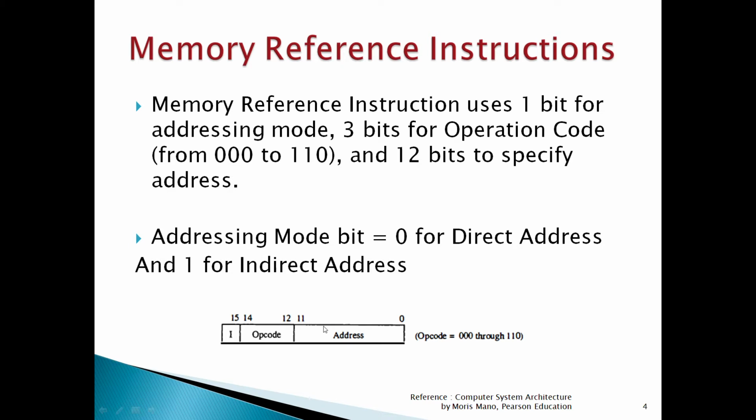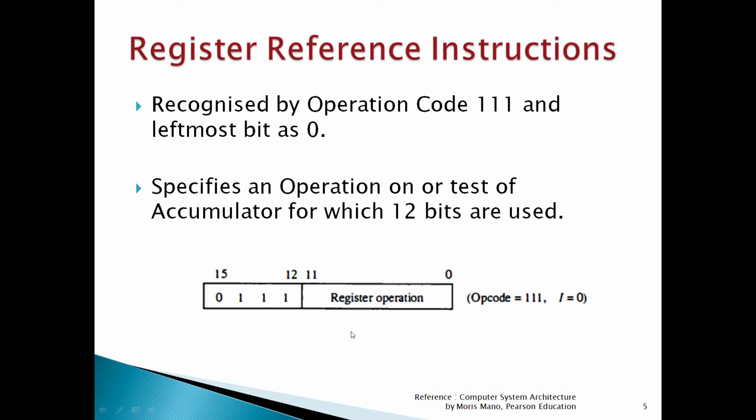And there is an addressing scheme, whether it may be direct or indirect. Whereas in the register reference instructions, these opcode 3 bits are fixed to 111, this indirect bit is fixed to 0, and this particular address part consists of the register operation, which signifies the operation or the test of the accumulator.